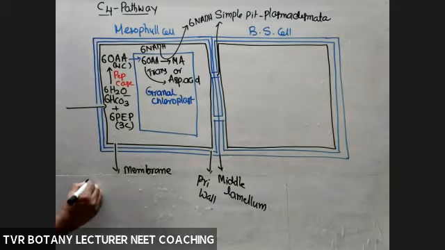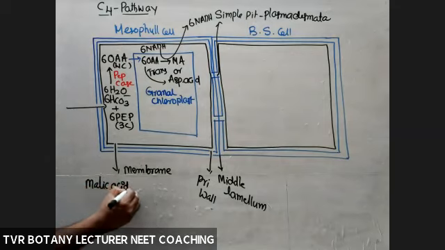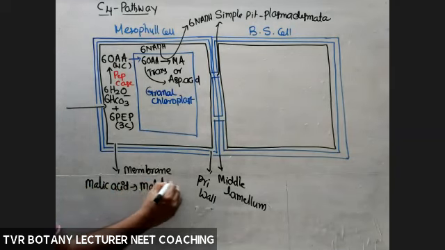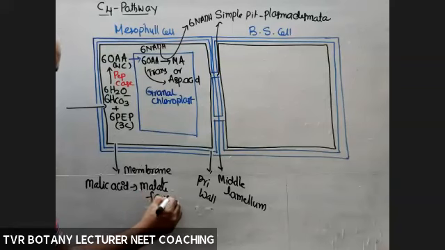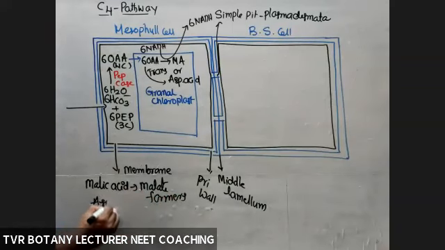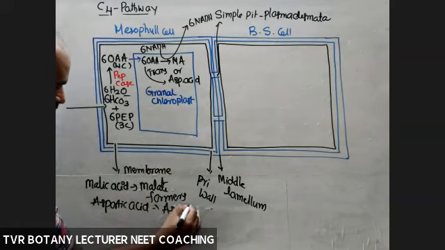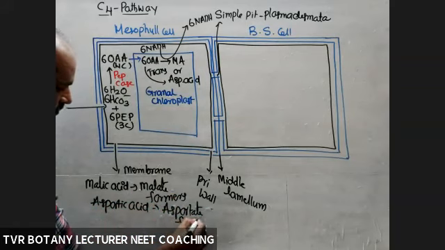So if it is malic acid, malate formers. If it is aspartic acid, aspartate formers are producers.